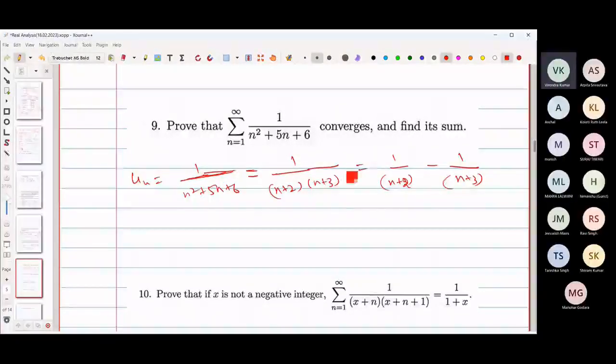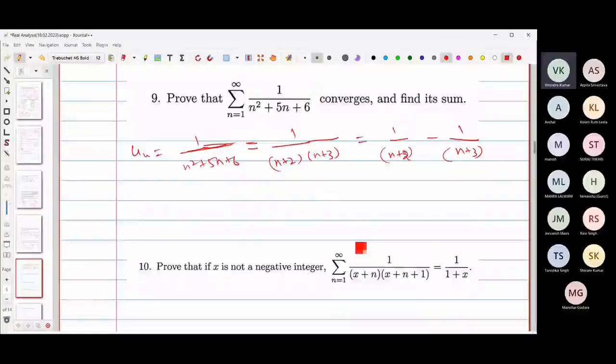You can again make use of the telescopic series, or the other way around, because the terms are positive, not only this. Terms are positive, so of course you can use the comparison test or the ratio test here.